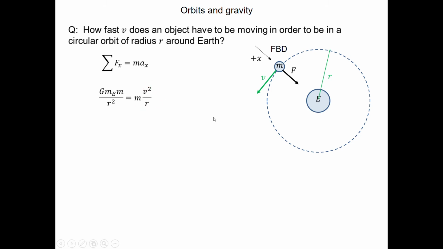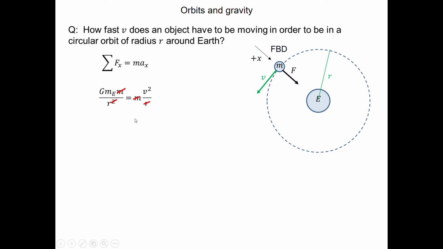All right, we've got an equation. We can cancel some things. The m's cancel out, but also if I multiply right side and left side by r, the r cancels out over here from the denominator, and one power of the r cancels on the left-hand side. We're still left with one power of r in the denominator on the left-hand side, but all that's left on the right-hand side is v squared.